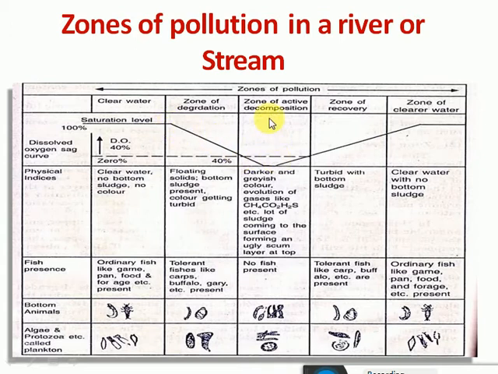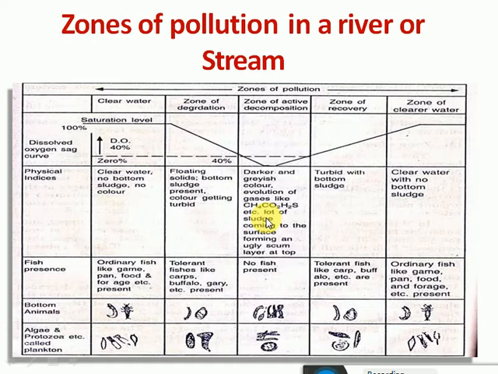Then the second zone is called the zone of active decomposition. Here, when the wastewater is discharged, the organic matter present in the wastewater is used up by the bacteria and other aquatic organisms present in the receiving water body. The oxygen level starts to depreciate, and the decomposition starts with the evolution of gases like methane and carbon dioxide.